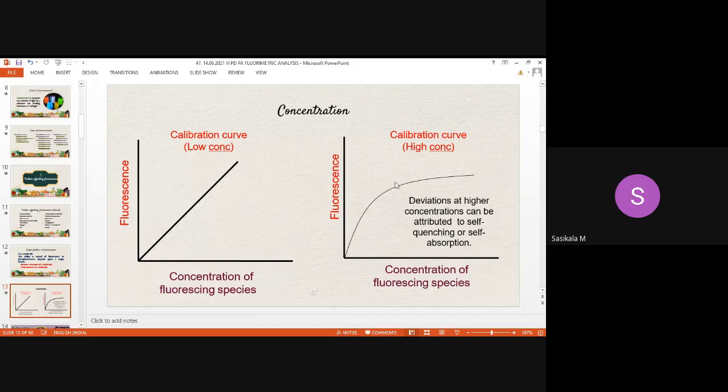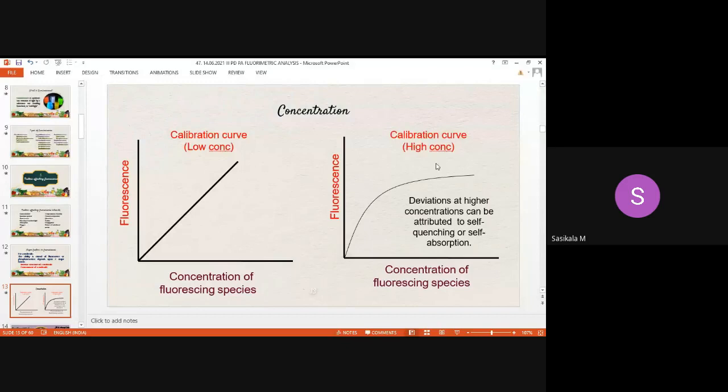Why is it not linear at higher concentrations? Keep on increasing the concentration, it becomes a negative deviation. When fluorescent species increase in the cuvette, the sample cell, if more species are present, the emitted radiation will be absorbed by the neighboring molecule, and thereby the emitted light is lost.